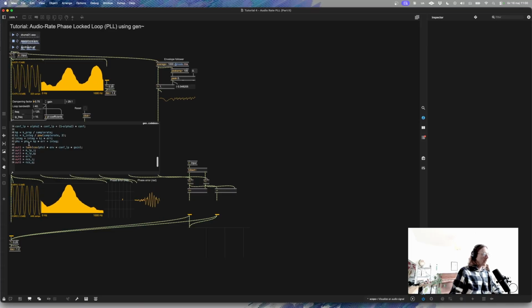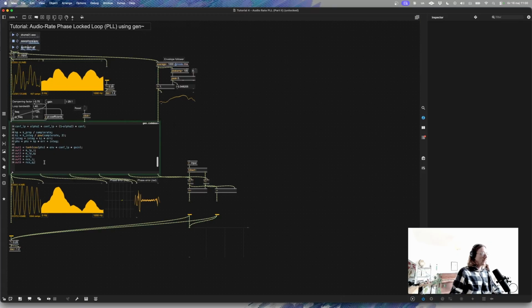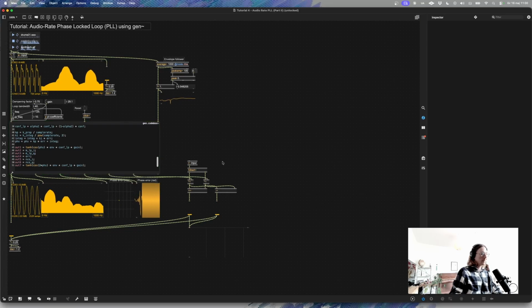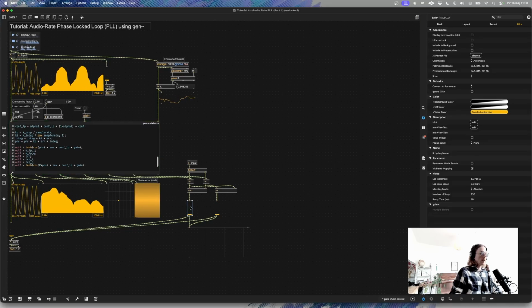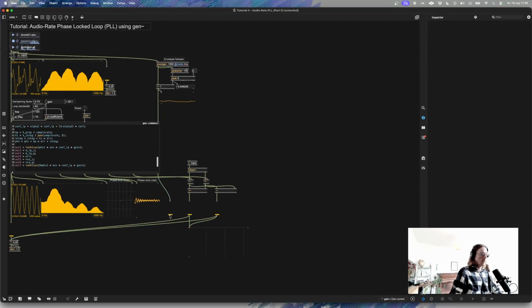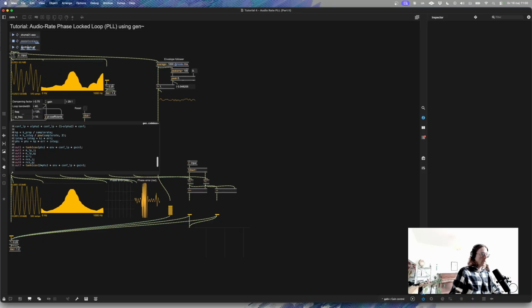And we are not limited here to just output the fundamental. So, for example, we can create yet another outlet here and copy this wave-shaped cosine. And if we multiply the phase by 2, for instance, and listen to this output, we should get the octave, 1 octave above.